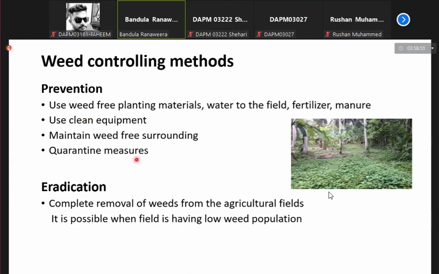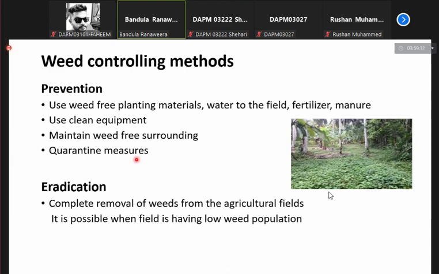Then of course quarantine measures for prevention. What do you mean by quarantine? Generally it is the keeping away of an organism in order to prevent damage and establishment in the given field.